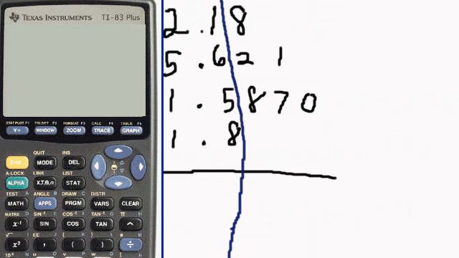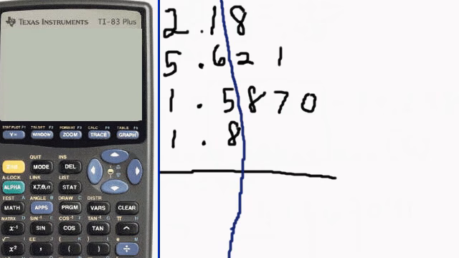and see what the answer is. So we have 2.18 plus 5.621 plus 1.5870 minus 1.8.